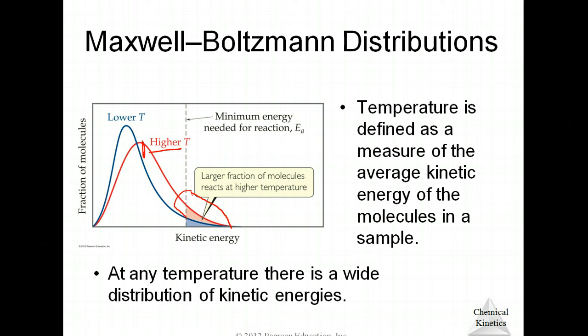More of them will be able to react. And as I increase the energy, this peak will flatten out, and the tail end of it will disproportionately start to broaden out over here, and I'll have a larger proportion of the particles that can react.